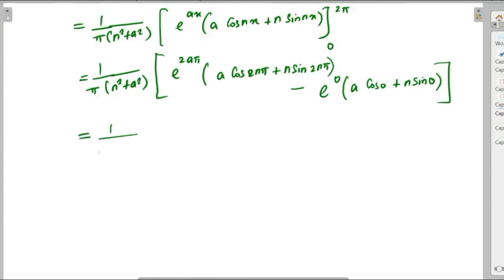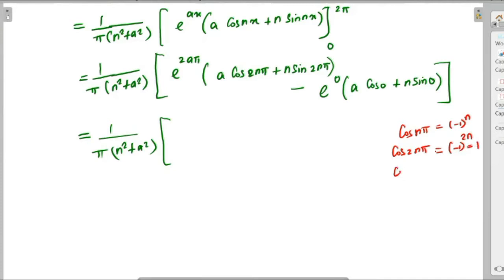Now you can apply cos n pi equal to minus 1 power n, cos 2n pi equal to minus 1 power 2n, which is equal to 1, cos 0 equal to 1, sin 0 equal to 0, e power 0 equal to 1. So all those things you have to apply in those steps.